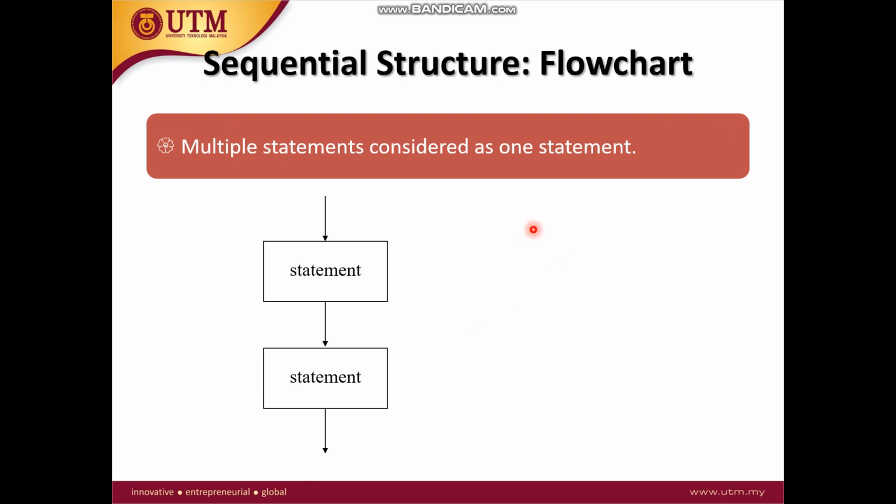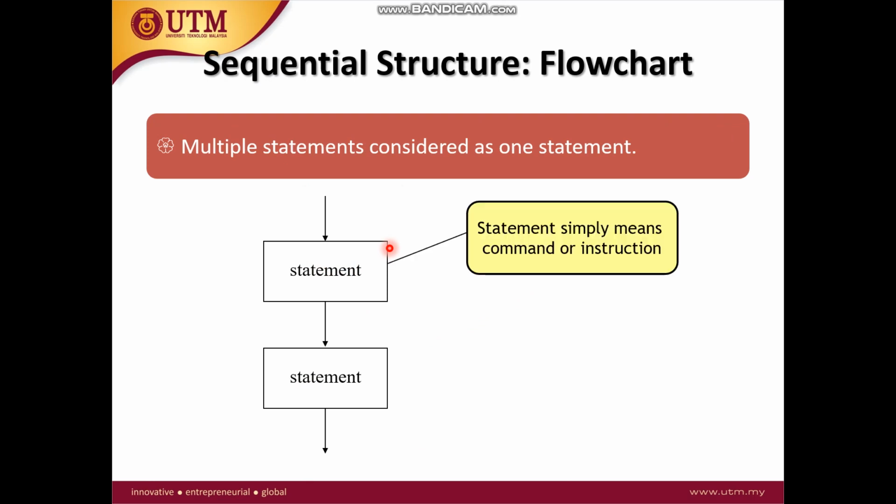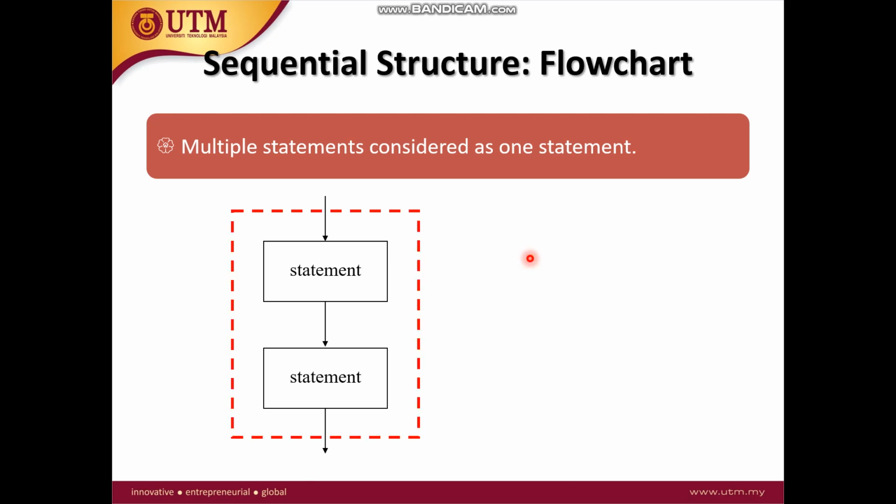The main important thing is a statement, and multiple statements can be considered as one statement. For example, a statement is an instruction, a command, or a process. So those two statements together can be written inside only one statement.